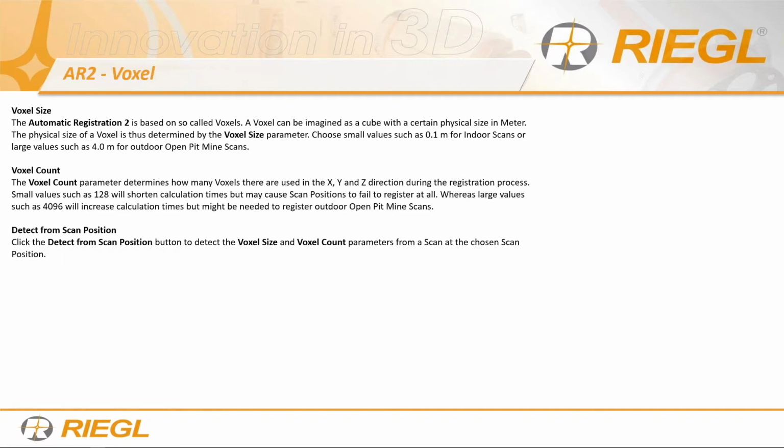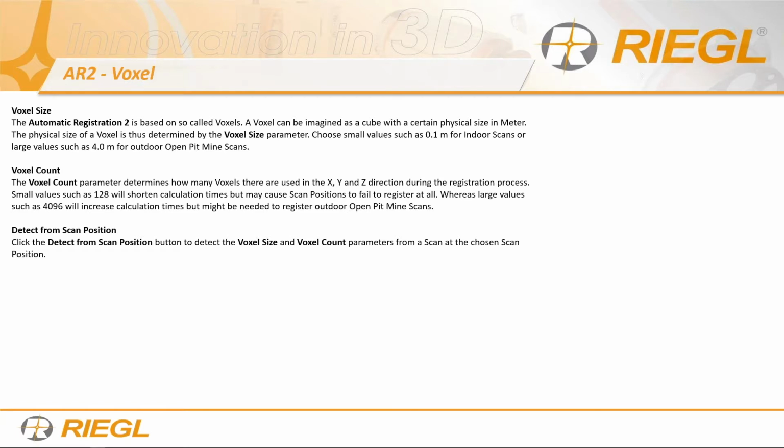Small values such as 125 will shorten the calculation time, but may cause the scan position to fail, so you don't want to use too small. Whereas a large value such as 4,096 will increase the calculation time, but it's required for such a large scene. So you want to choose accordingly based on our recommendation.